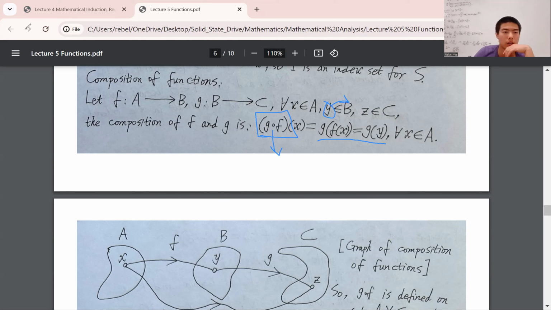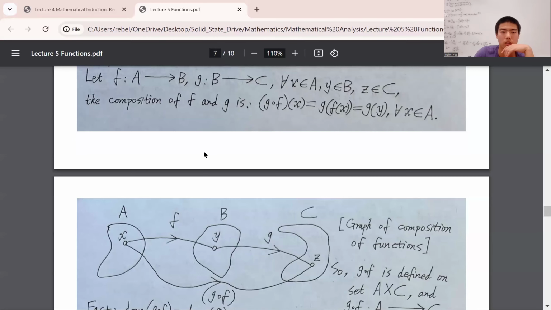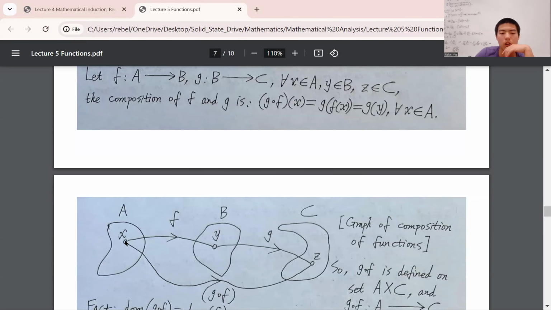And the graph looks like this on the next page. So f goes from set A to set B, and an element in B called y goes to an element z in set C. This goes through f and g, but it can also go through the composition function. So first f, and then taking g above f.